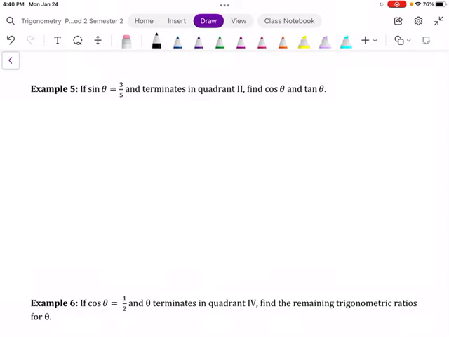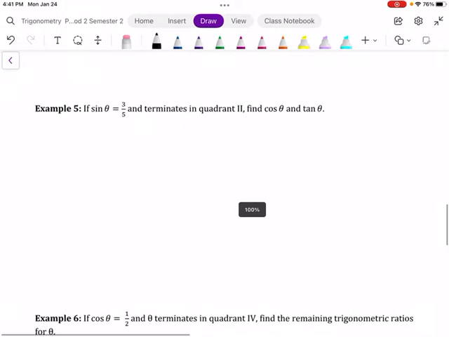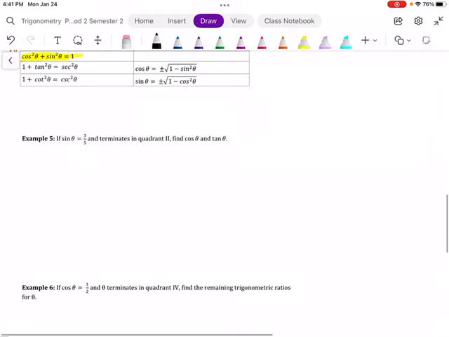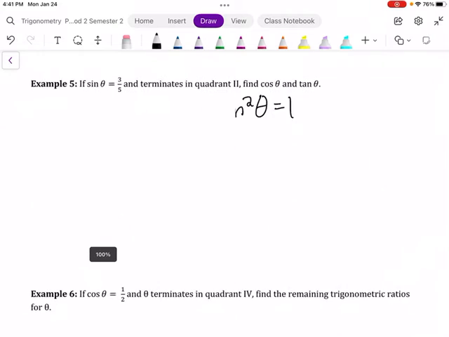So if we were to use that on our next example, we know if sine theta equals 3 over 5 and terminates in quadrant 2, they want us to find cosine theta and tangent of theta. There's two different ways that you can solve this problem. One is using our Pythagorean identities. So to do that, if we were solving for cosine, we can start with cosine squared theta plus sine squared theta equals 1.